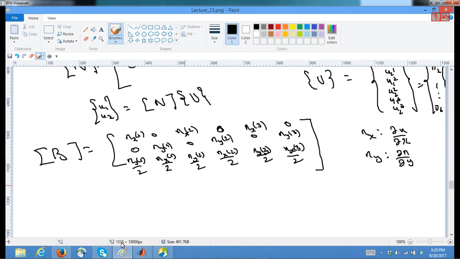And again your K matrix is as it is. K would be 6 cross 6.